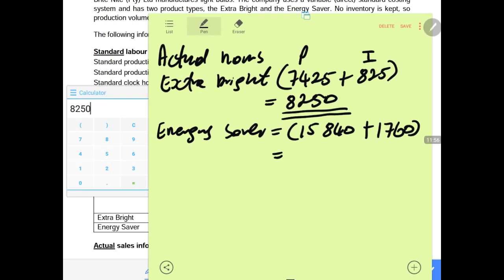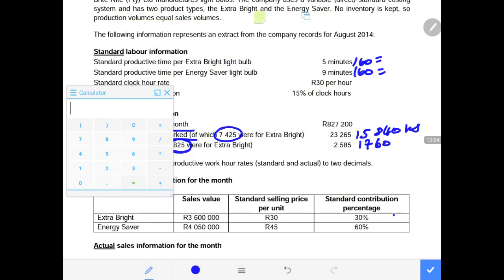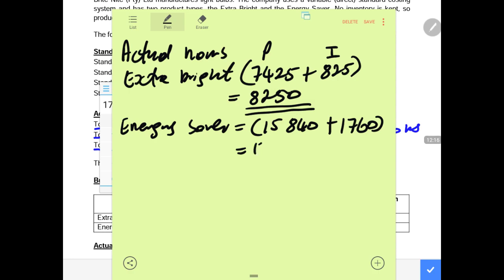The sum of the two will be the total time. 15,840 plus 1,760 is 17,600. So we have 17,600 total actual hours for the energy saver light bulb.